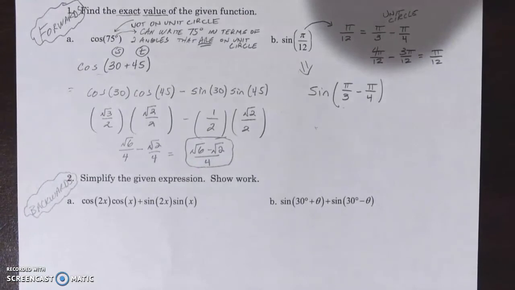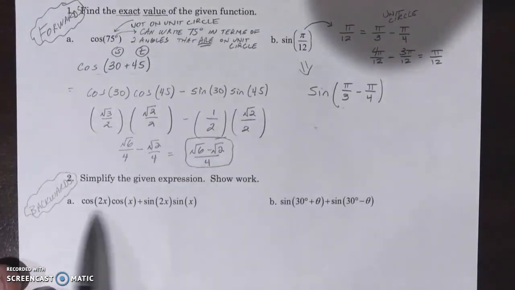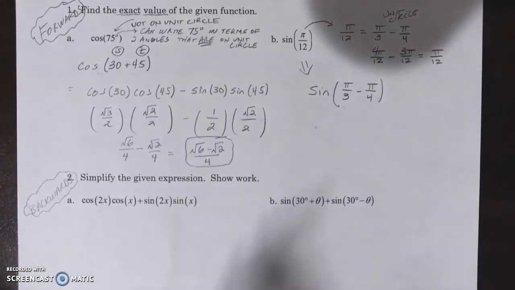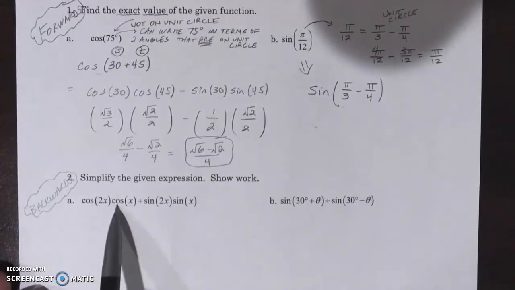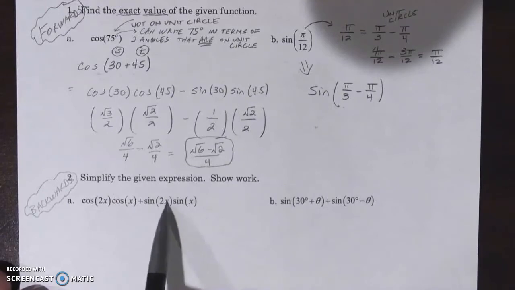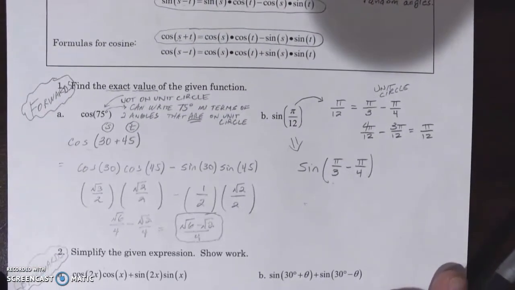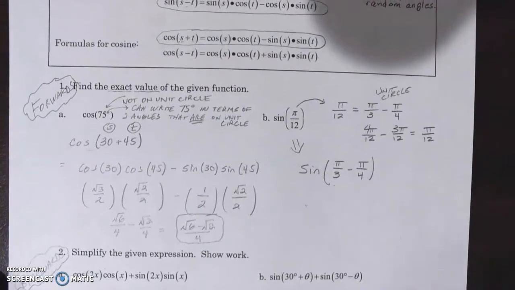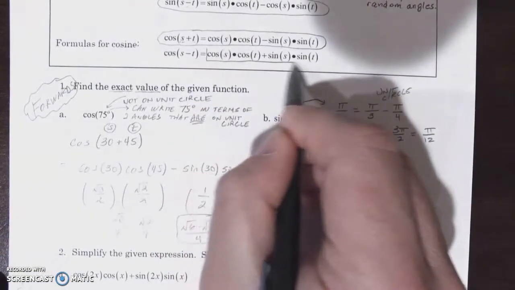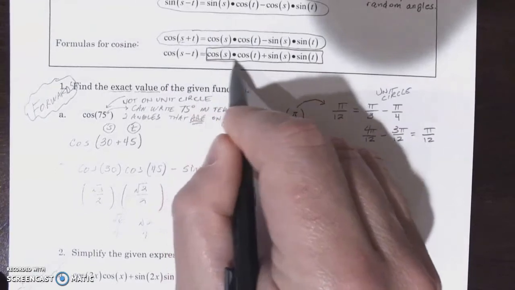Okay. There is something up in that box of formulas that looks a lot like this expression. We have cosine of an angle times cosine of a different angle plus sine of an angle times sine of a different angle. Let's look. That matches up with this portion of this formula.